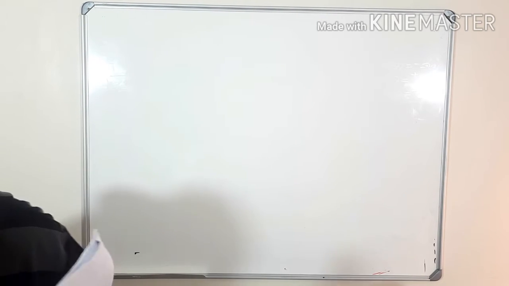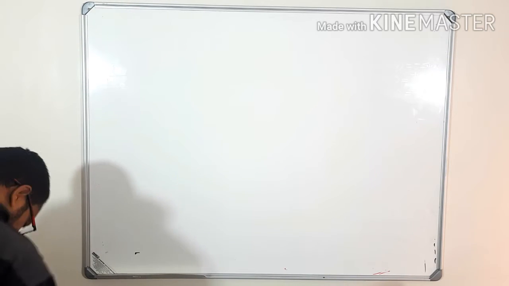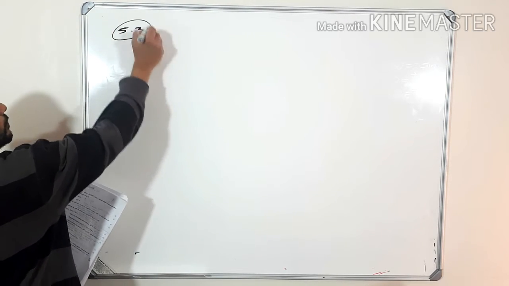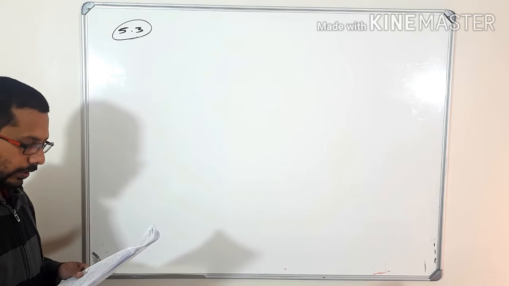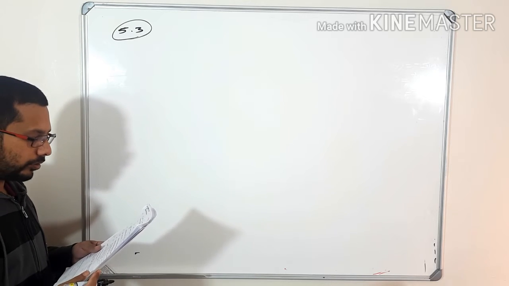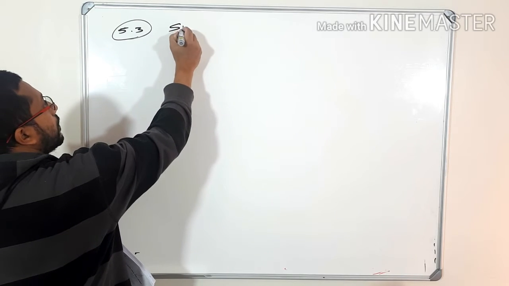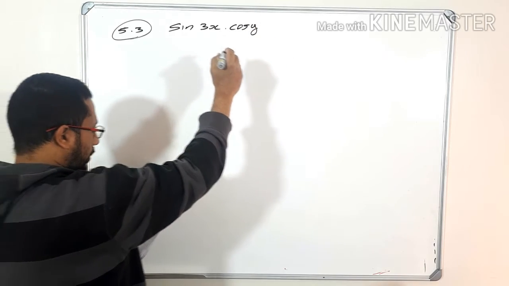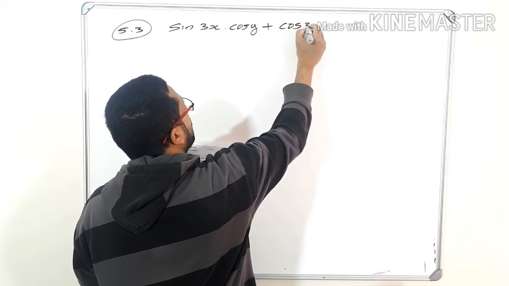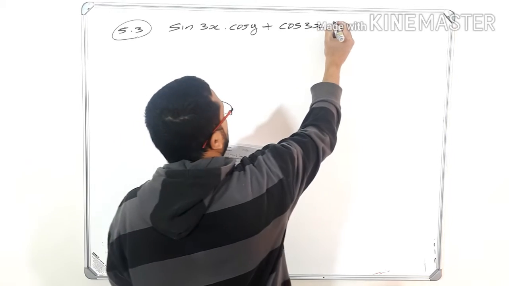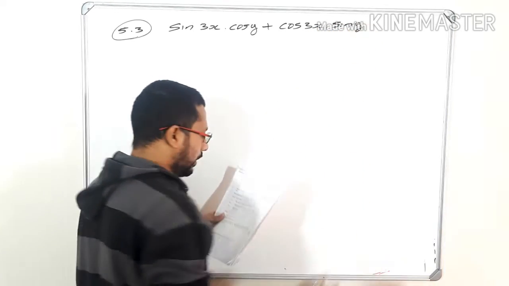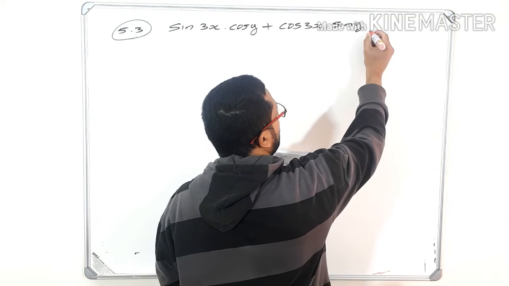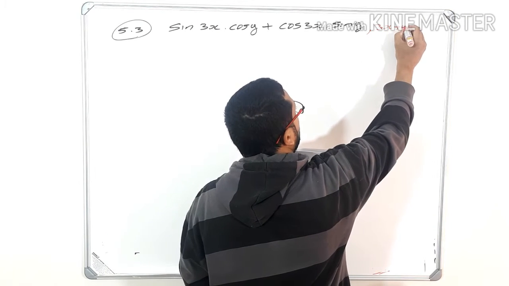Okay, now let's start question number 5.3. What is question number 5.3? Determine the value of sin 3x into cos y plus cos 3x into sin y, and it is given that 3x plus y is equal to 270.